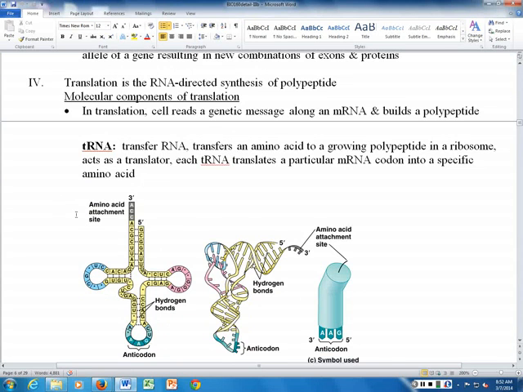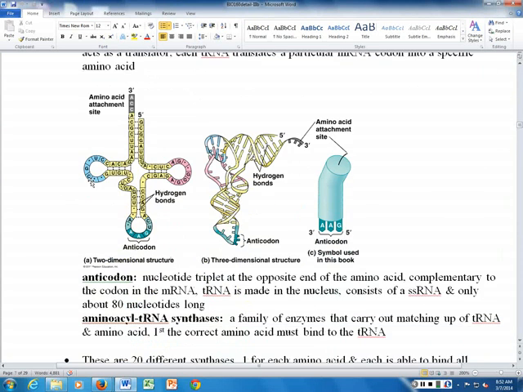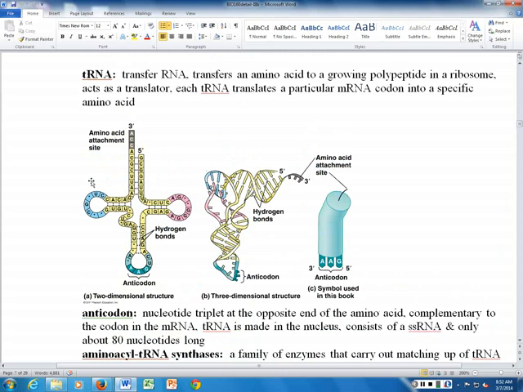So when we do translation, we have these tRNAs, these transfer RNAs, that are going to transfer your amino acid onto a growing polypeptide in a ribosome. Your tRNA has a region that is going to attach to an amino acid, and then it's got this other folded up region, and at the other end you have an anticodon.